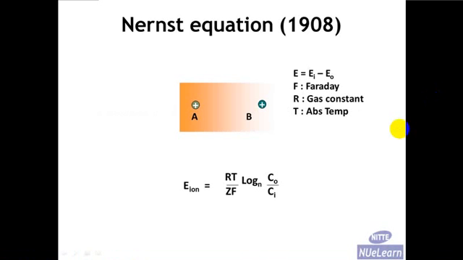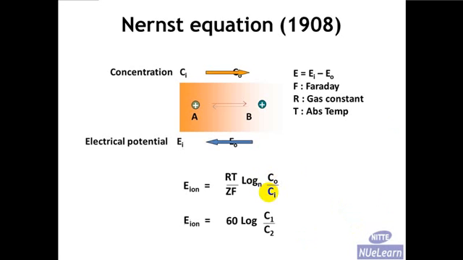As we saw earlier, the Nernst equation explains how the equilibrium potential for an ion diffusing across a semi-permeable membrane can be predicted or determined by the concentrations of the ion on either side of the membrane.